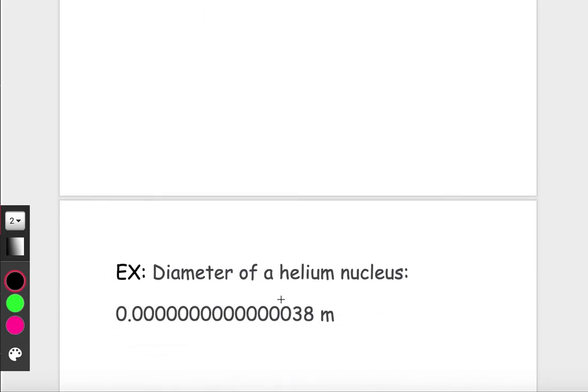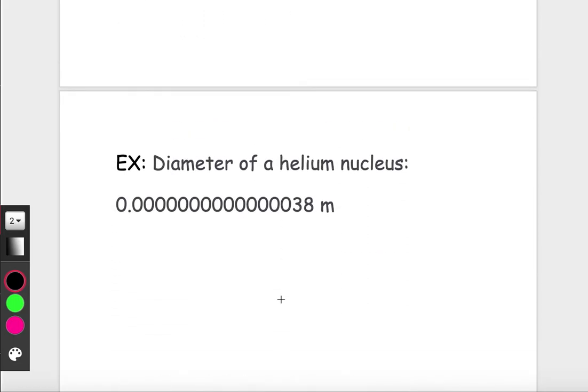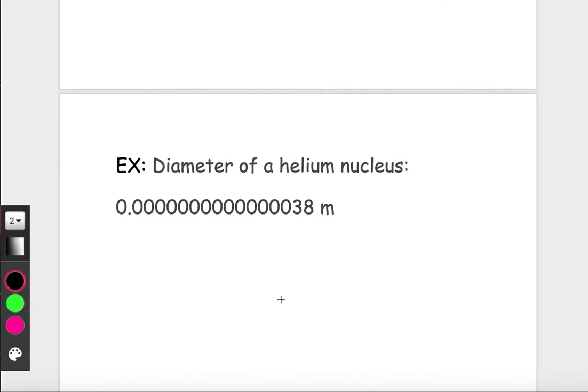All right, so now let's look at this. I have the diameter of a helium nucleus. Now we're talking about something extremely small, so small you could never see it with the human eye, and most microscopes you will work with in your lifetime will not be strong enough to even detect it. It's written in terms of meters, and this is a fraction of a fraction of a fraction of a meter.